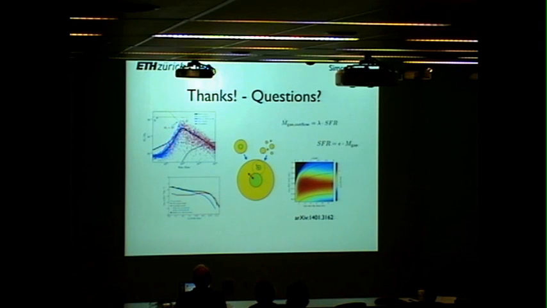What you have to do is, just before it quenches, you have to basically push in all the gas that is in the halo. You have to make a very efficient infall of the gas into the central active region, is one thing.